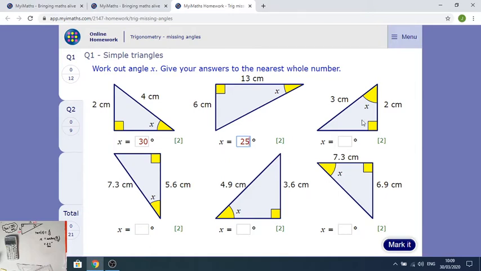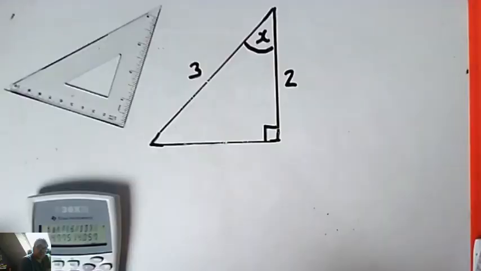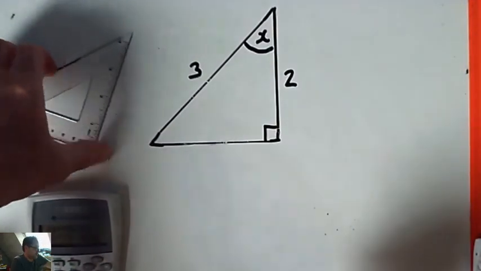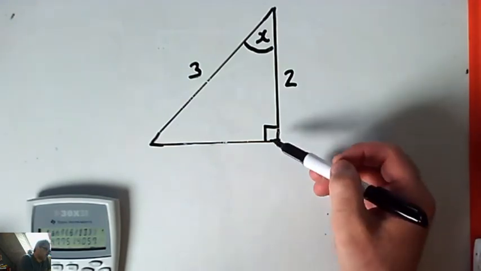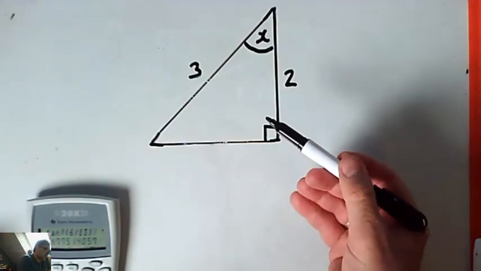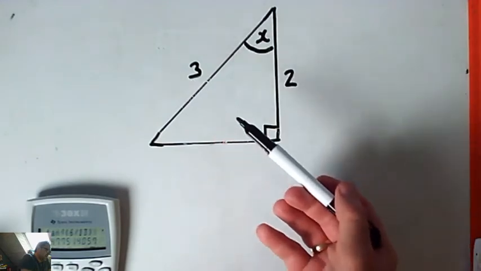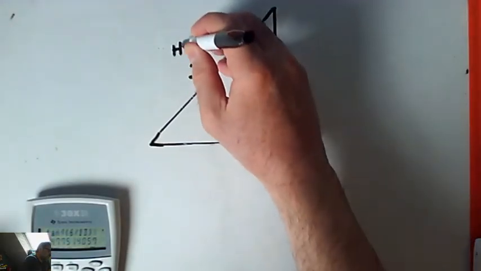Okay, now we've got a triangle with a right angle there, an x up the top, and a 3 and a 2. So I will just draw that one. So there's that one. Now we've got the right angle here, so the 3 must be the hypotenuse because it's the longest side.